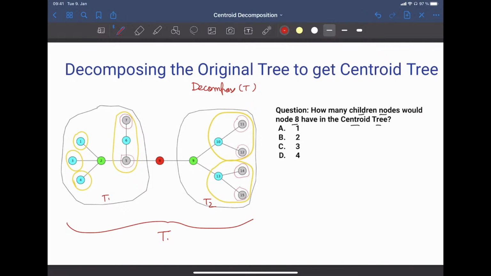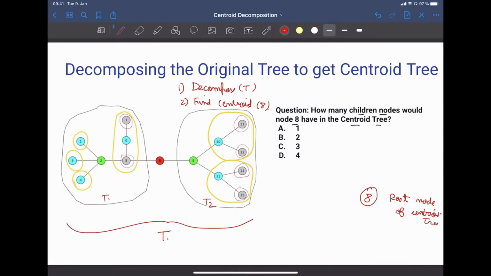Decompose on T will find the centroid, which is node 8, and make it the root. So we have node 8 as the root node of the centroid tree. This we already saw in the previous question.